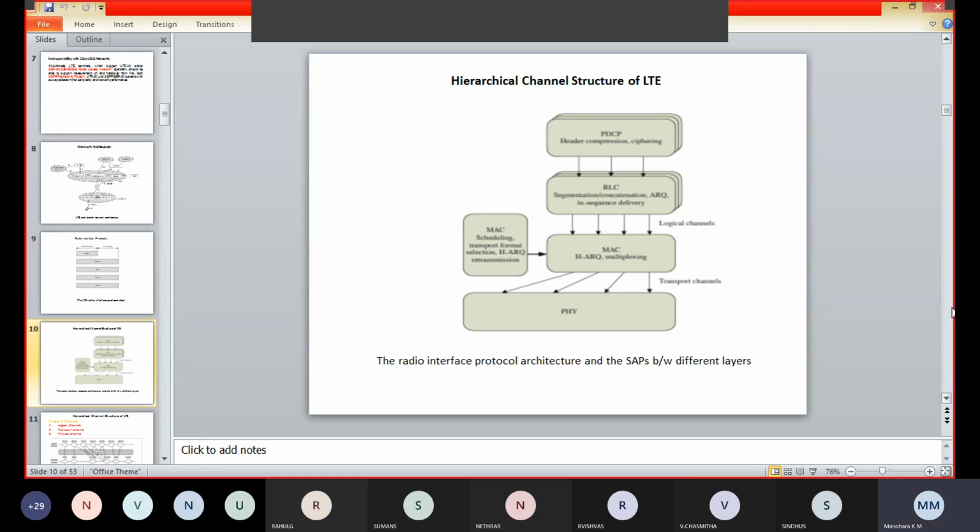So here MCH supports the MBSFN transmission.